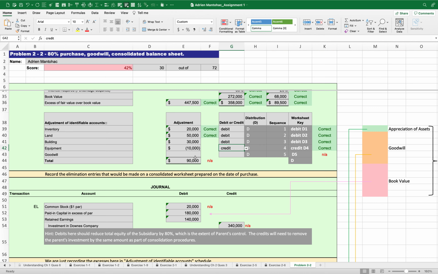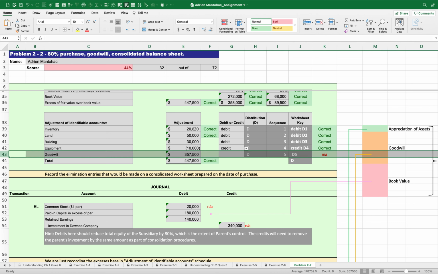You'll notice that this column doesn't add up to 447,500 yet because we're missing a component called goodwill. And so basically, we're going to need to take this amount and subtract from it the sum total of all of these items that are here, because theoretically, that should be goodwill, right?